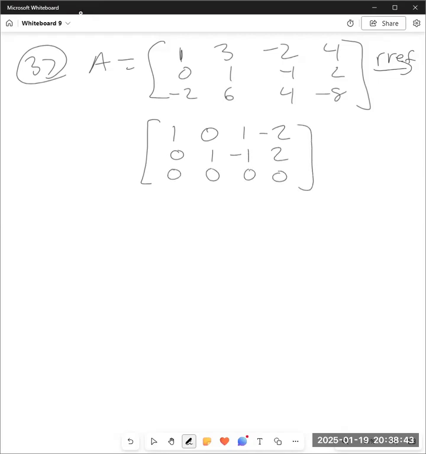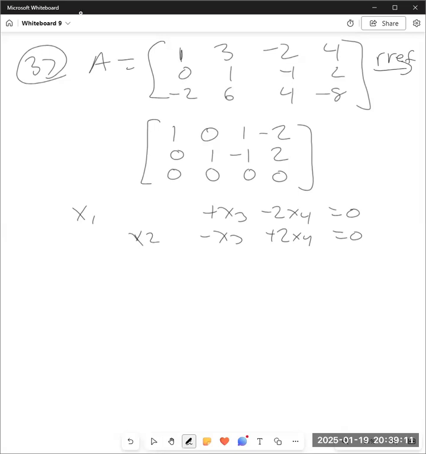So that tells me that I have the equation x1 plus x3 minus 2x4 equals 0. And I have the equation x2 minus x3 plus 2x4 equals 0. I know I'm going to have some parameters for this.